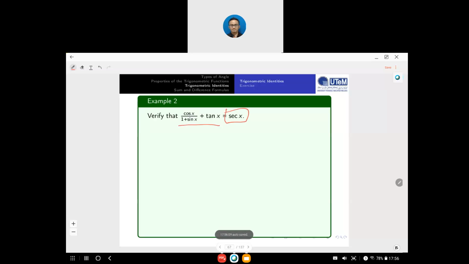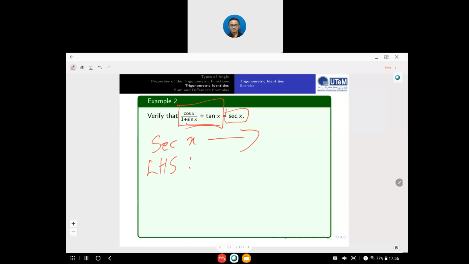Jangan awak gigih ambil yang pendek pergi panjangkan. Tiba-tiba awak pergi verify secant x ni, nak tunjuk jadi macam ni, memang sampai bila-bila lah lambatnya dapat. Kita verify biasanya kita ambil yang panjang. So left hand side tu, ambil left hand side, buktikan.